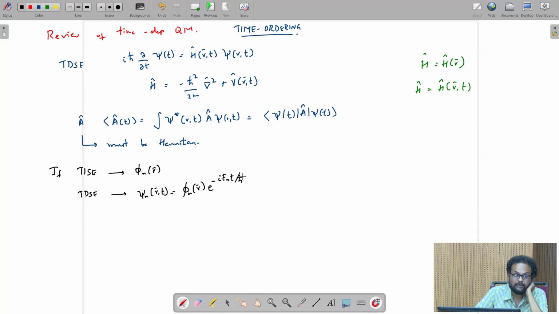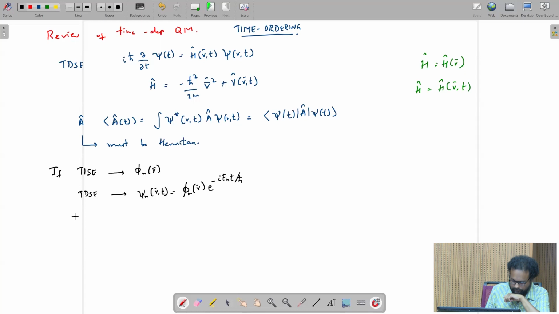I'm not going to show this, it can be derived. So the only time dependence is in the so-called phase factor. And of course, we are assuming phi are the stationary states of the system.